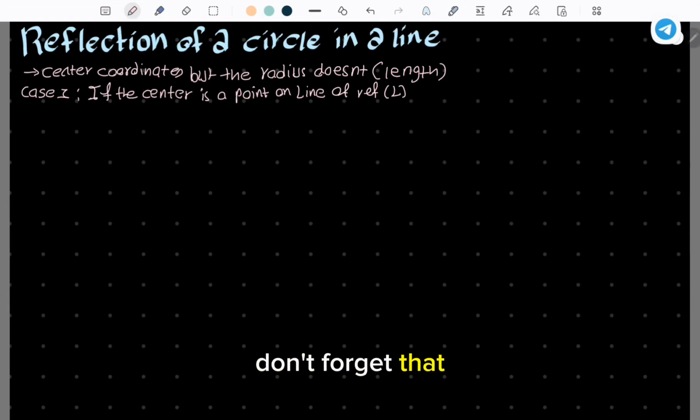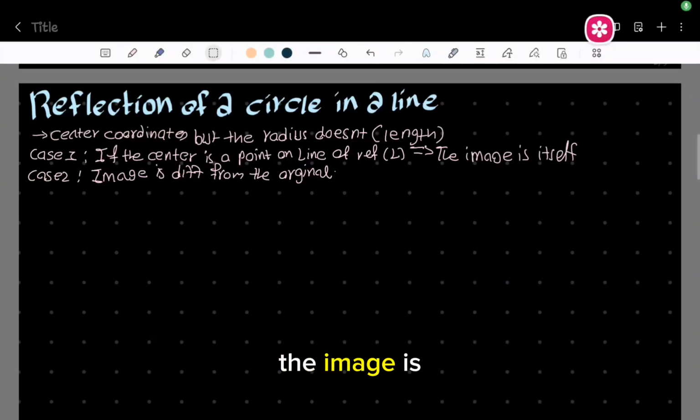So don't forget that. The image is going to be itself.